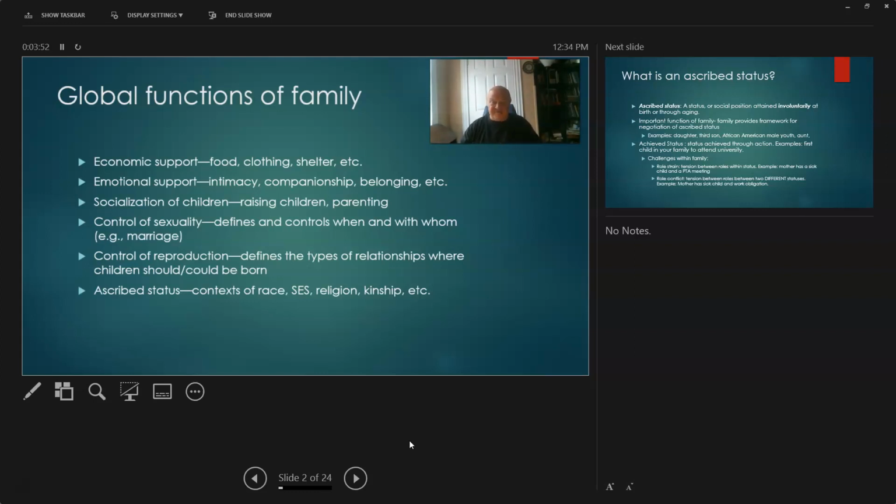First, economic support. It's where resources are either generated, in the case of agricultural societies, or combined or recombined to support everyone in a family. Emotional support: intimacy, companionship, a sense of belonging. When there are children, the socialization process, that's personality formation, the dynamic aspect of it.